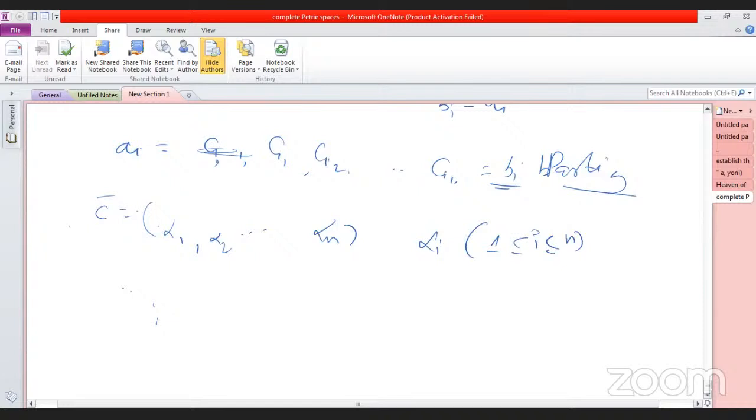Point is Cij, to be the point of C1 belongs to A. So therefore C1 belongs to S epsilon by 2 of C bar. So therefore S epsilon by 2 of C bar intersection A. What is that value?